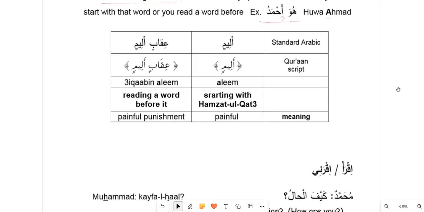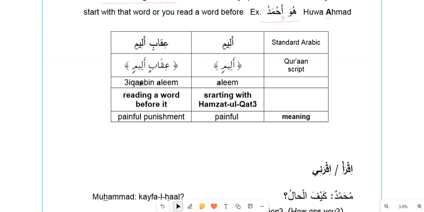There is nothing much in hamzatul qata, just that in both cases it will be pronounced. There is an example here in Quranic script. You can see alim, the sound of a is there. And here iqabin alimin. I'm stopping, my sound is breaking. You can clearly hear the sound of a, and that's why you have to be very specific in reciting Quran.